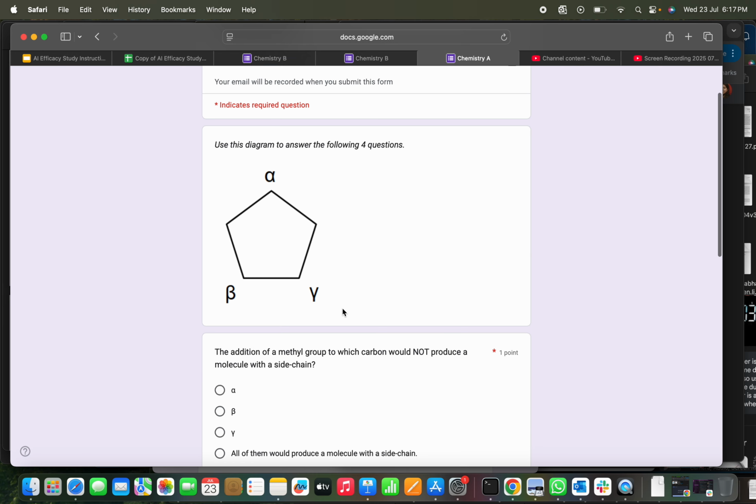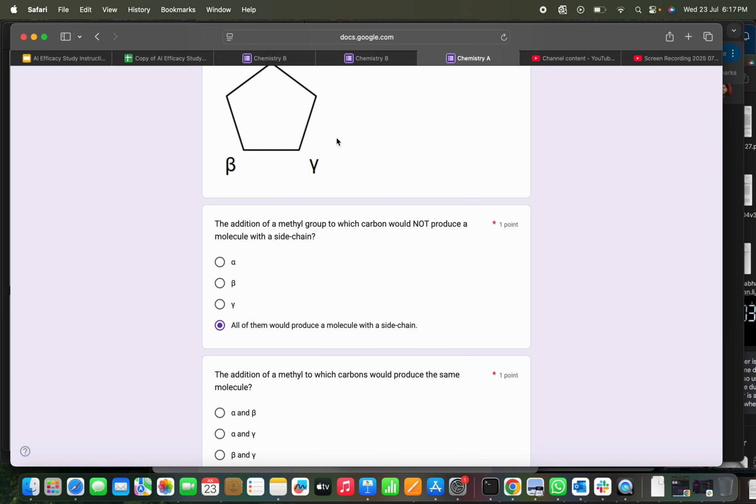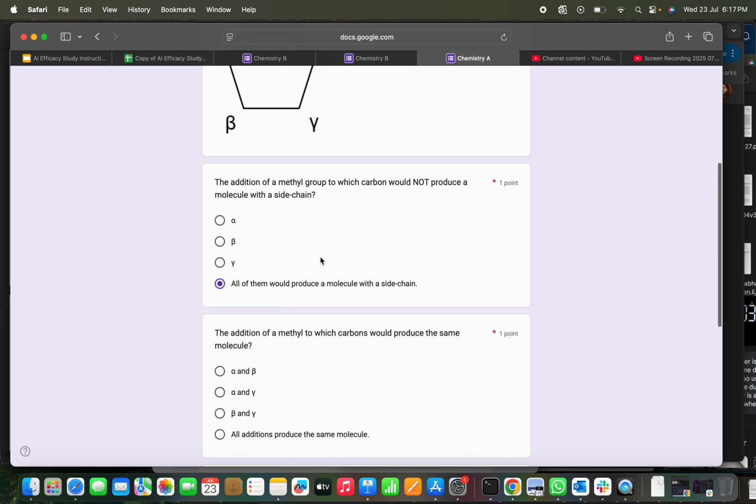The addition of a methyl group to which carbon would not produce a molecule with a side chain? All of them. It's like a conjugation process. So everybody is sharing a hydrogen bond. So the placement won't matter.